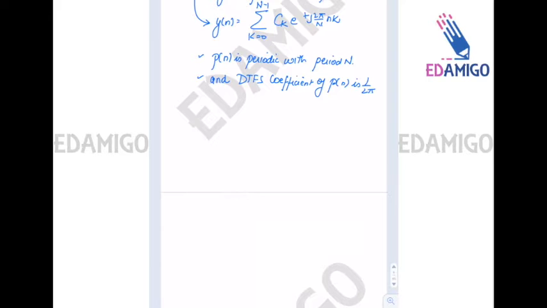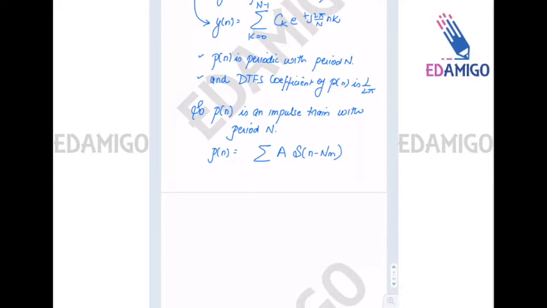So Pn is an impulse train with period capital N. So Pn has an expression something like this: A delta n minus capital N m, where m goes from minus infinity to infinity. So it's an impulse train periodic with period capital N having impulses with amplitude capital A. Now we have to find the value of capital A.